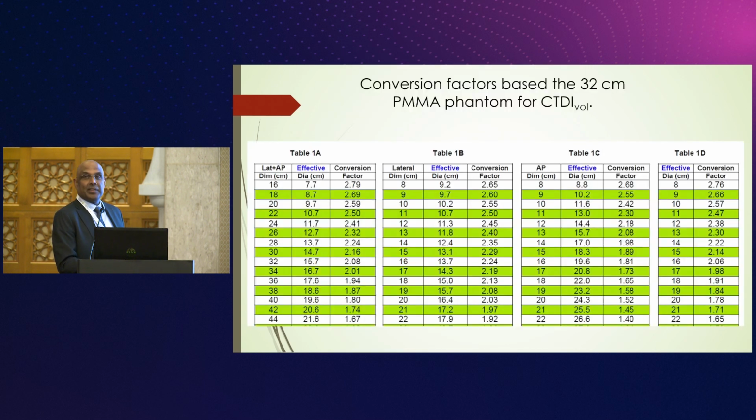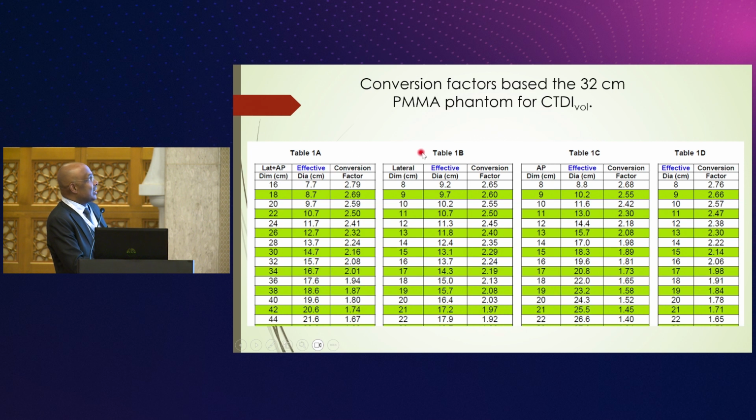If you go to the back of their report, there is a set of tables that tell you what the conversion factors should be, based on patient size measurements. They do different patient size measurements: lateral size, AP size, sometimes lateral plus AP, and also effective diameters, and so on.